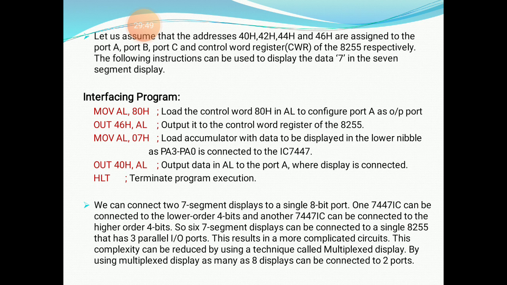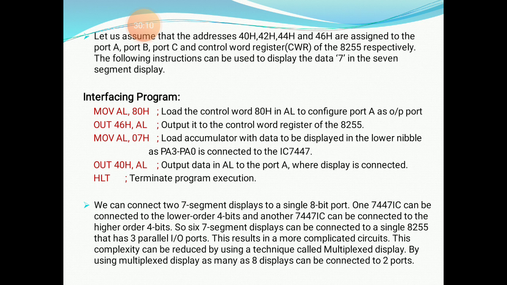instruction. So the various operations are performed by using various instructions. Those are MOV AL, 80H, where 80H represents the control word. Now copy the control word 80H in AL to configure port A as output port.